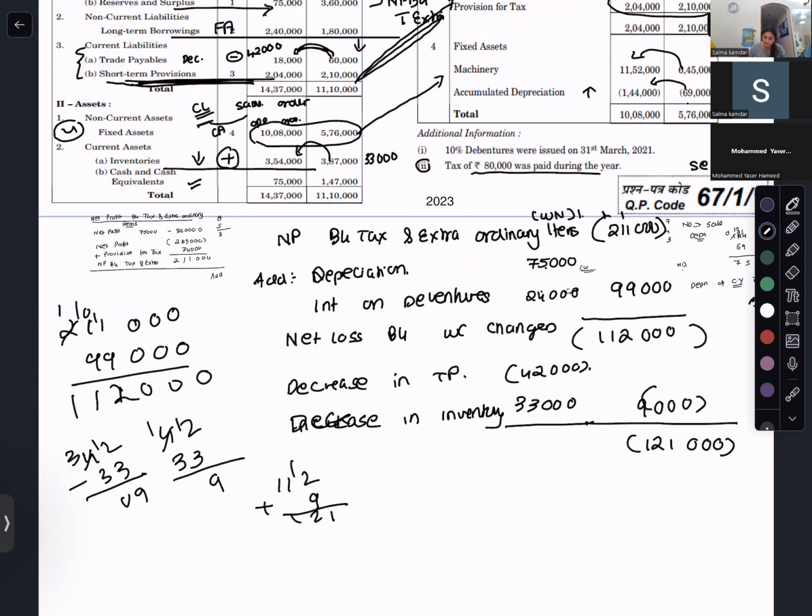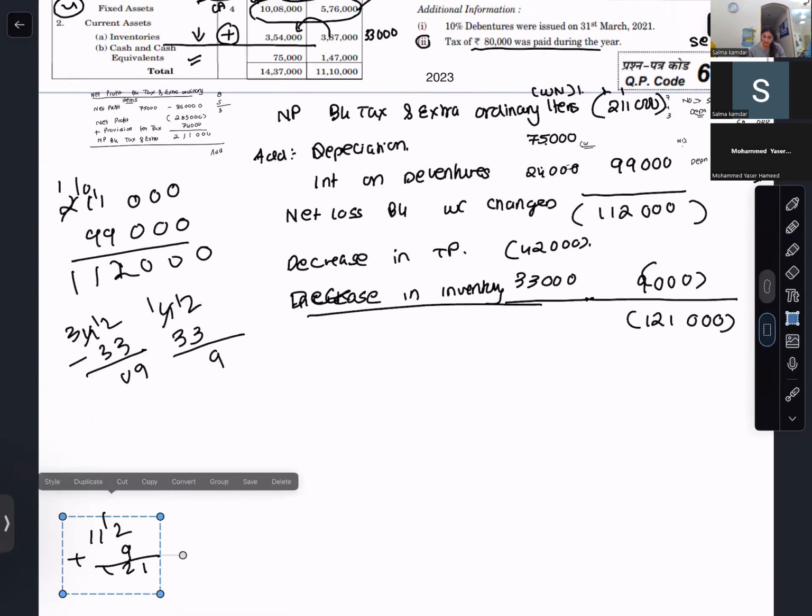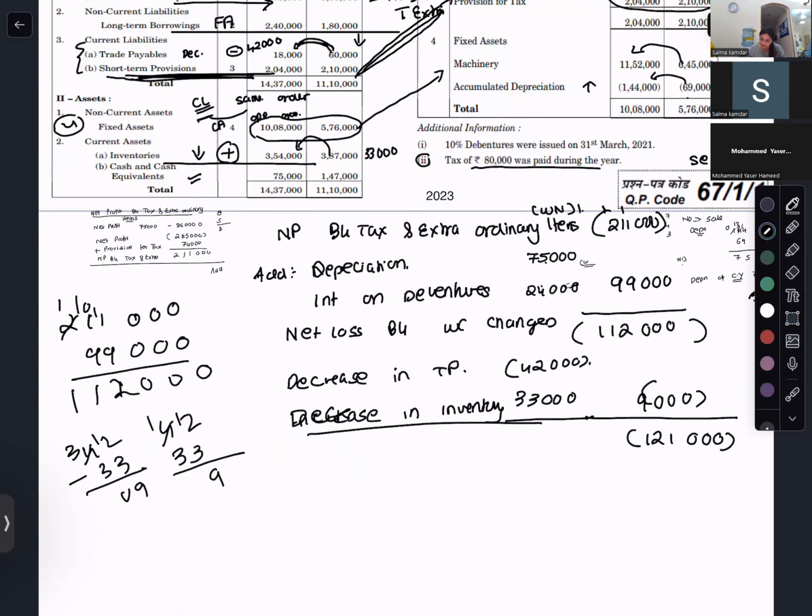What is this called? Cash generated from operations. Then what do you do? Minus tax. How much? Tax paid is given to you.